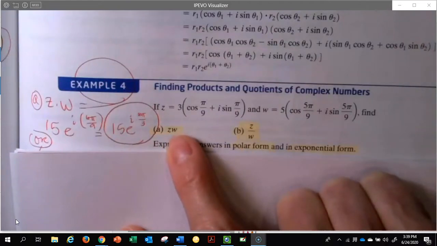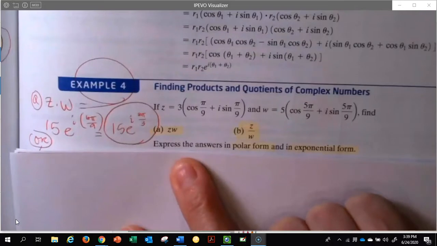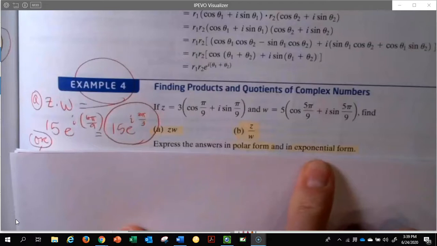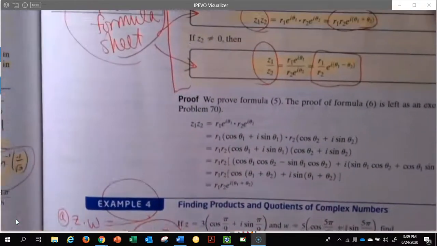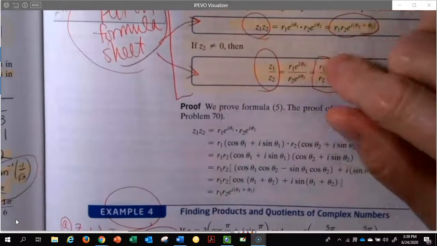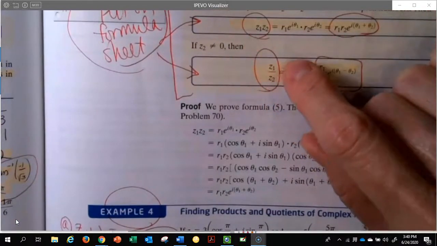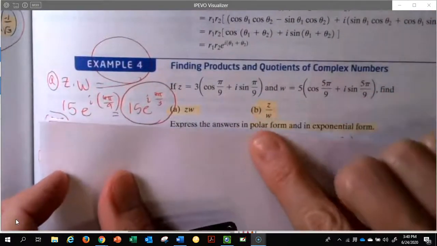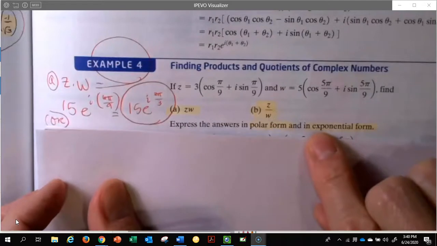which way you go or what you do, because to do polar, you need an r and a theta. To do exponential, you need an r and a theta. The only thing is, back up here, it didn't show us how to combine them, like to multiply or divide them, using polar form. It only showed us exponential.